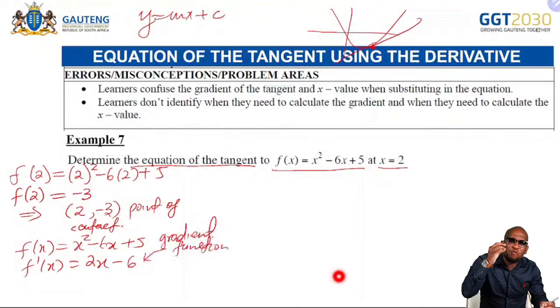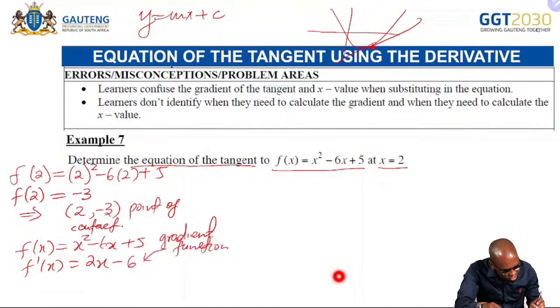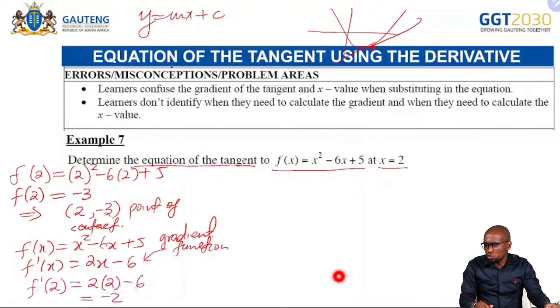This is the new function that tells us how the gradient changes as x changes. So if I input the value 2, I get 2 into 2 minus 6. This becomes minus 2.